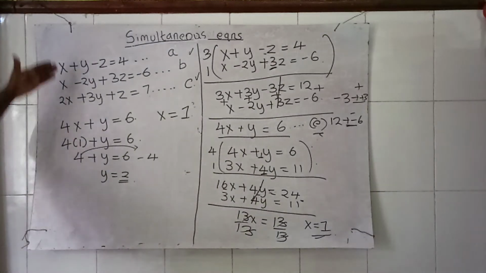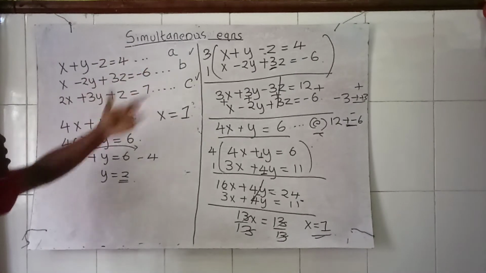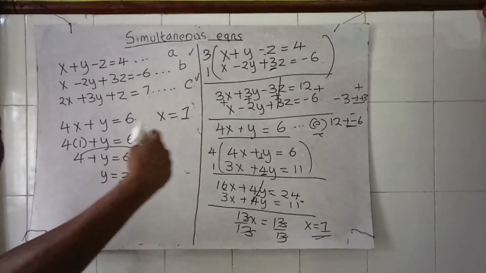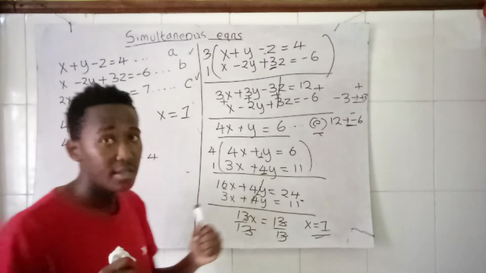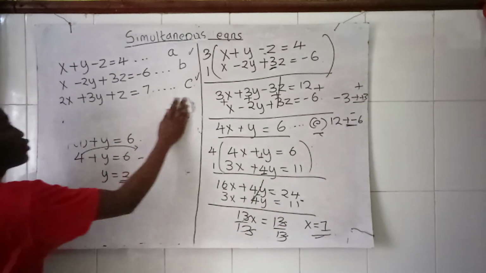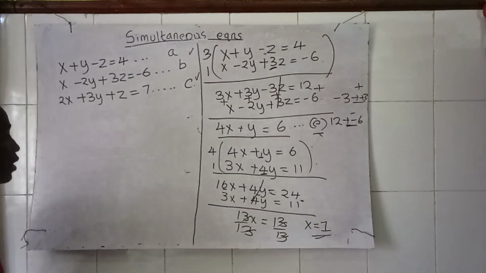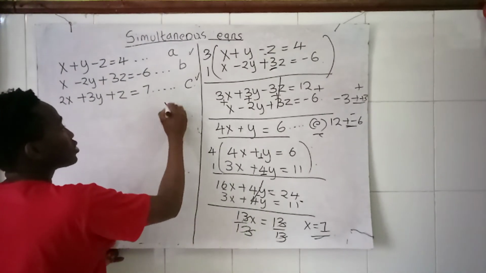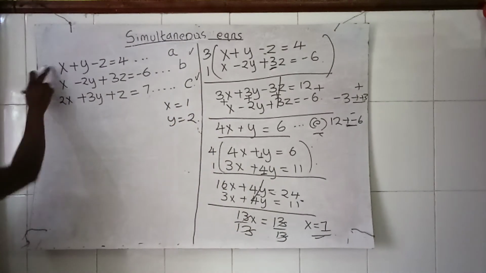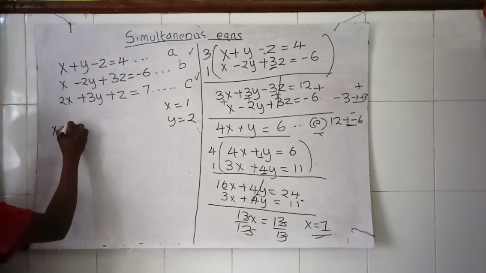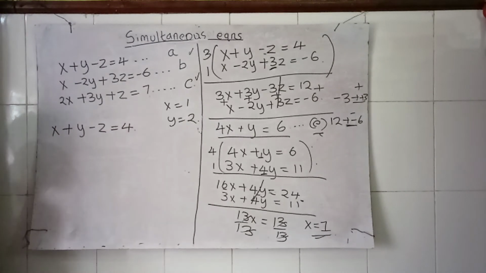So I can now substitute into either of these equations, A, B, or C. But you choose the one that is easier for you because in an exam setup, pia tuna consider the time. So x was equals to 1, y was equals to 2. Let us put into the first equation, x plus y minus z is equals to 4.